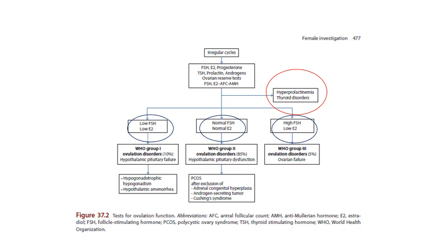If the FSH and E2 are normal, that is the most common cause of anovulation, PCOS. We need to do the test for PCOS and also for 21 hydroxylase deficiency if the patient has features of excessive hair. If the patient has high FSH and low E2, that means the ovary has failed and we require donor oocytes in that condition. So it is very important to know the type of anovulation to decide further management.